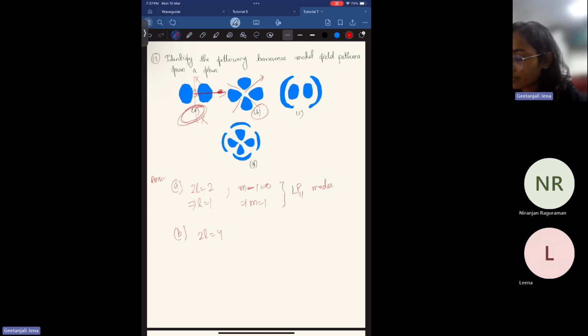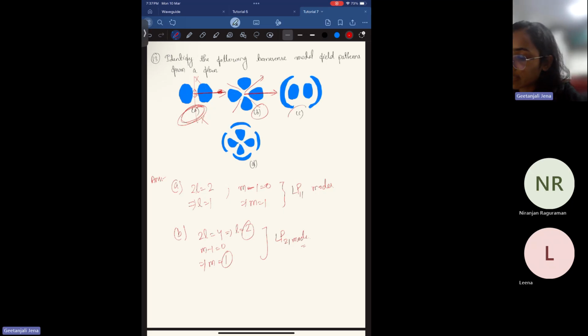But for the M, here you can see there is no 0 in this direction, right? 0 is not there. Field is always there, which is a confined field. So that means m minus 1 is 0. So m is 1 and L is 2. So we have LP 2 1 mode.